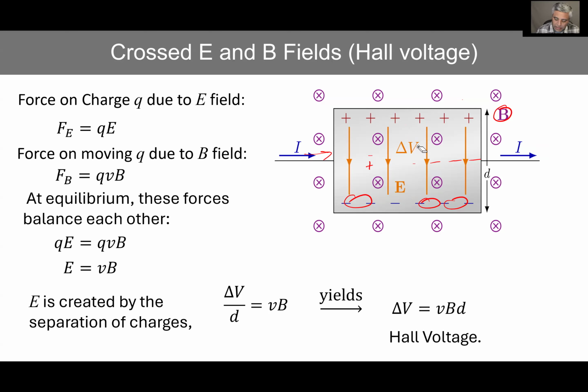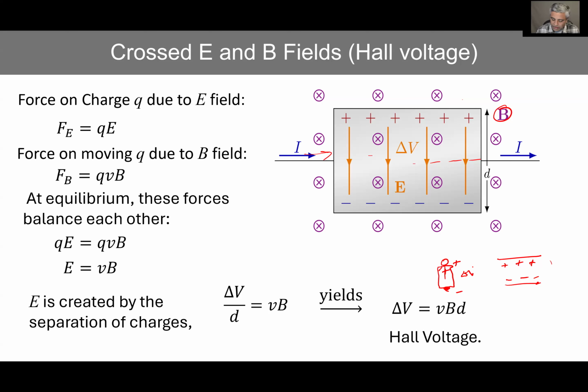So now there is a sudden development of positive and negative charge, just like we have in a capacitor plate, for example, right? It's like a capacitor plate, or let's say a battery. So positive charges here, negative charges there.